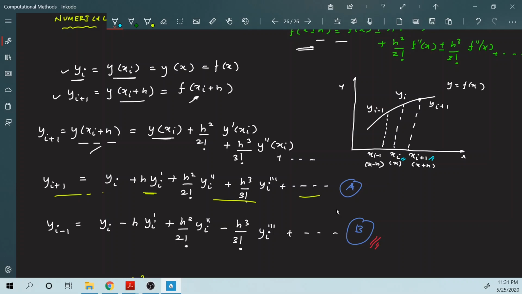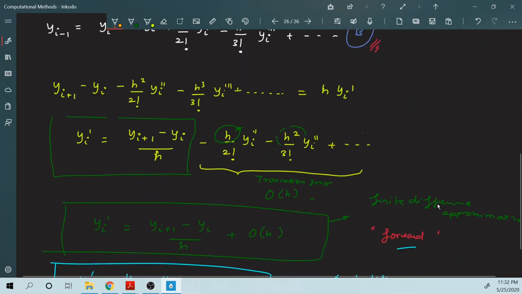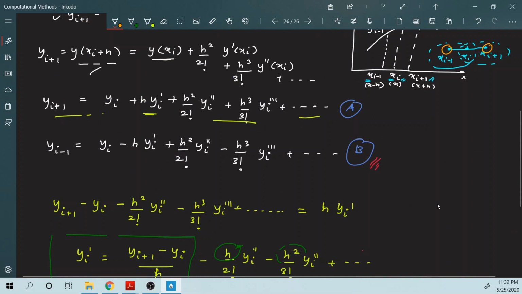Similarly, if you use this and this, that becomes your central difference scheme.